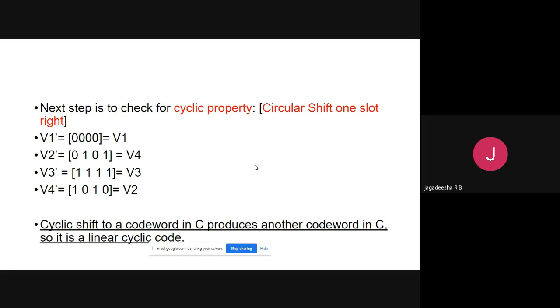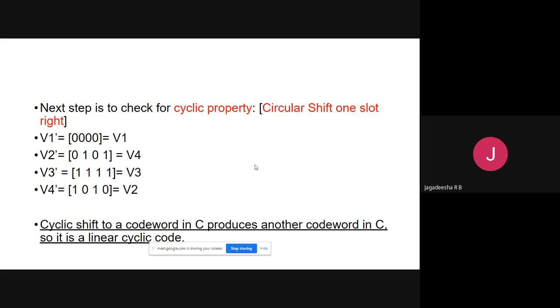So a cyclic shift of a code word in C produces another code word. So it's a linear cyclic code. We shifted it in a cyclic manner, that means we shifted to the right, and the last bit becomes the first bit, the first becomes the second, and so on. Circular shift. Then we got new sequences v1 dash, v2 dash, v3 dash, and v4 dash.